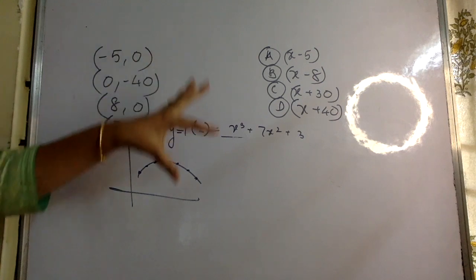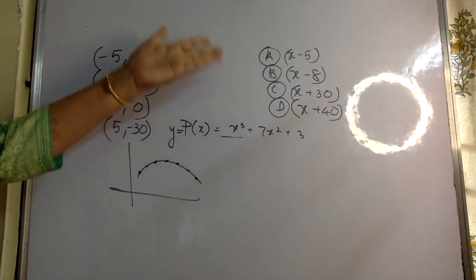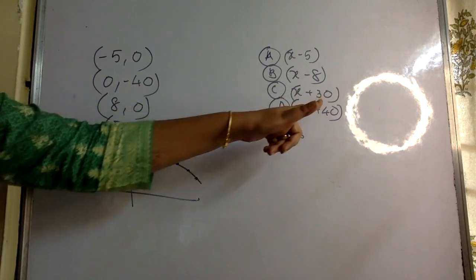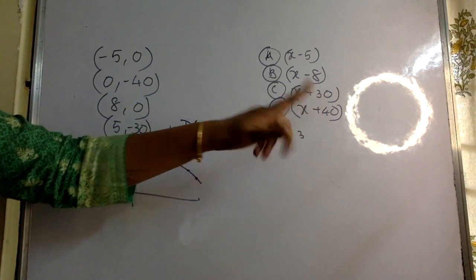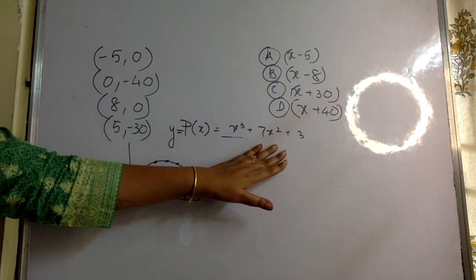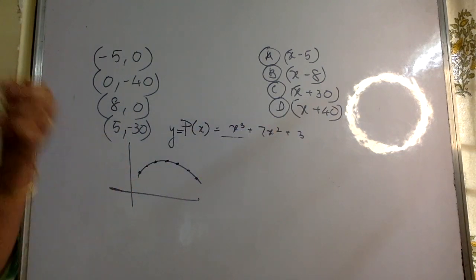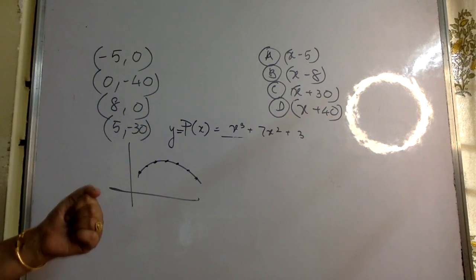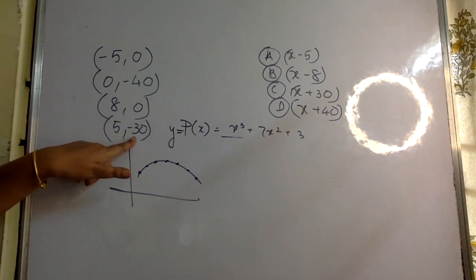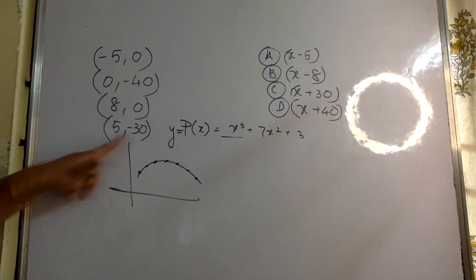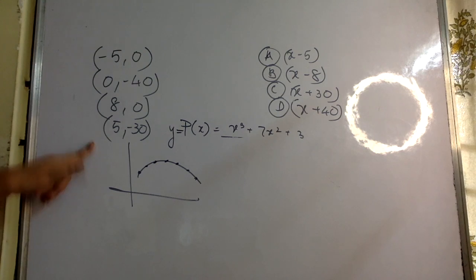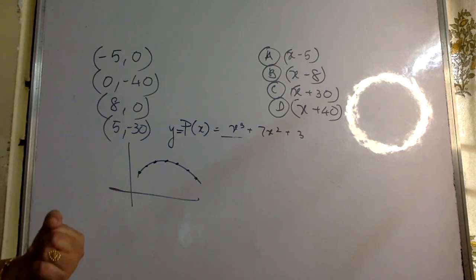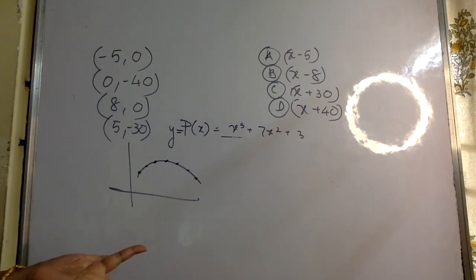So if I go through all these given options, here I will have to substitute x equal to minus 30. If I substitute x equal to minus 30, I don't even know the expression. I don't know whether the y value is going to be 0 or not, because y is minus 30 for the corresponding value 5. But is x minus 30 giving y as 0?